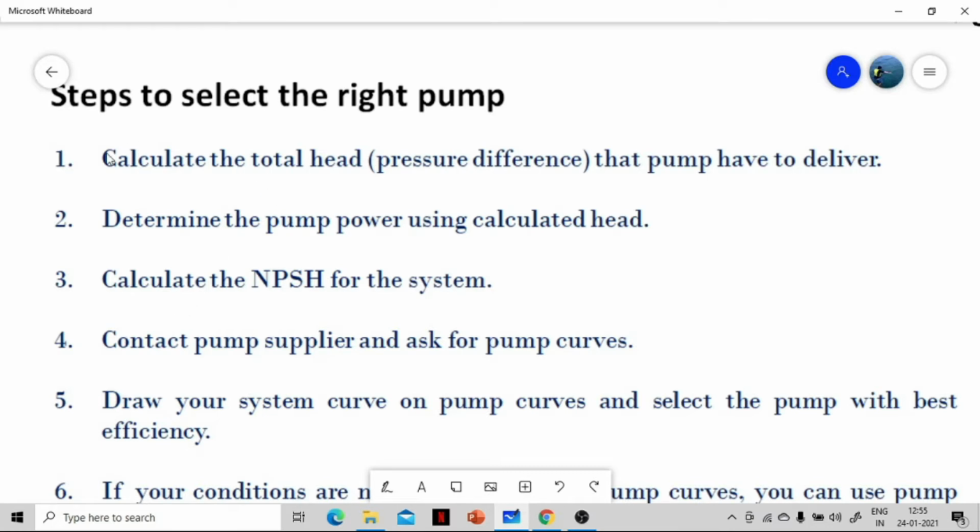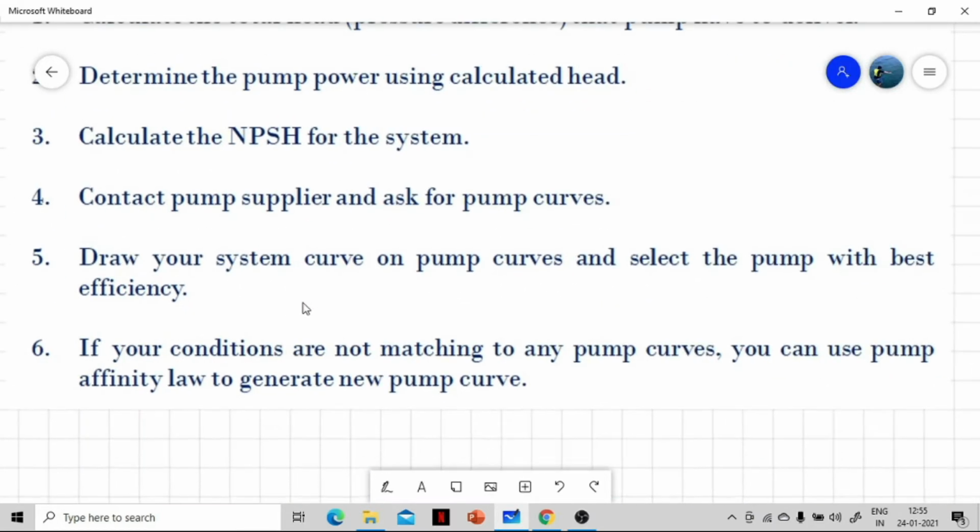After calculating these three and knowing the properties and operating conditions, particularly temperature and different flow rates for your application, you should contact the pump supplier and ask for pump curves, and then you should draw your system curve on the pump curves and select the pump with the best efficiency.